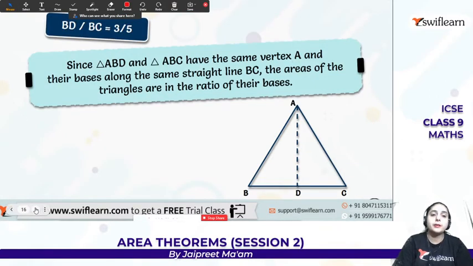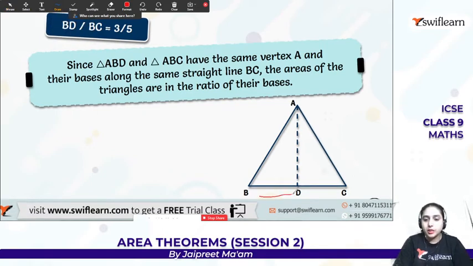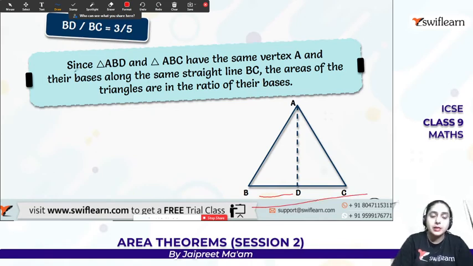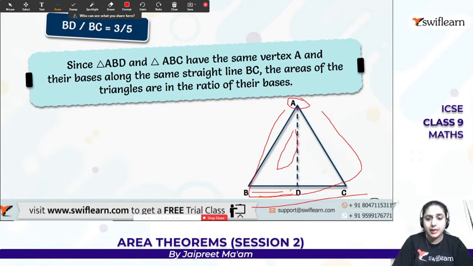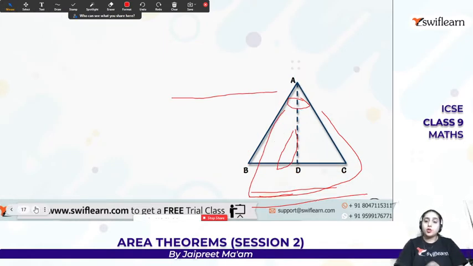We have got that BD upon BC is equal to 3 upon 5. Now we know triangle ABD and triangle ABC have the same vertex and they are on the same base BC. The areas of the triangles are in the ratio of their bases.